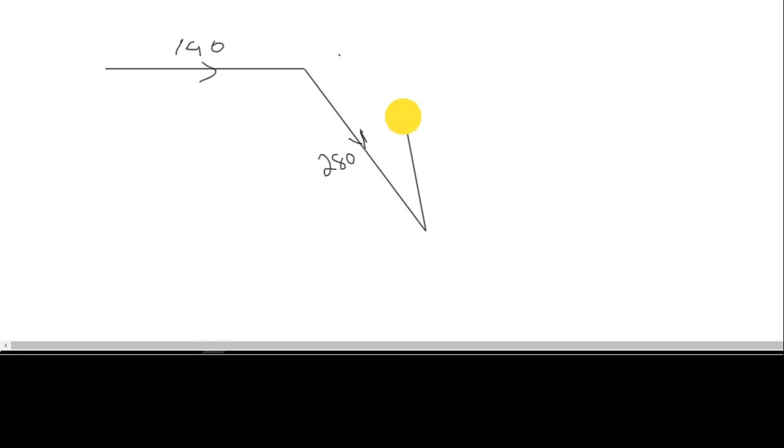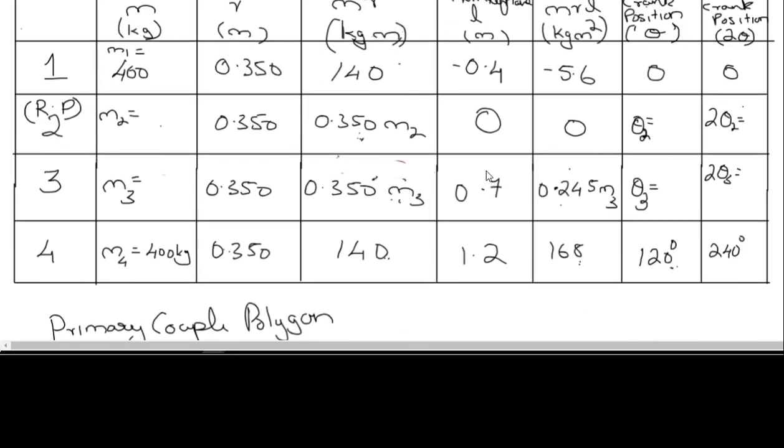So make it look like a 140. This will be another 140, that is for plane 4. This will be for plane 4, this will be for plane 3, this will be for plane 1, and the closing side will give you the remaining force, which is this one, and that will give you 0.35 into M2.